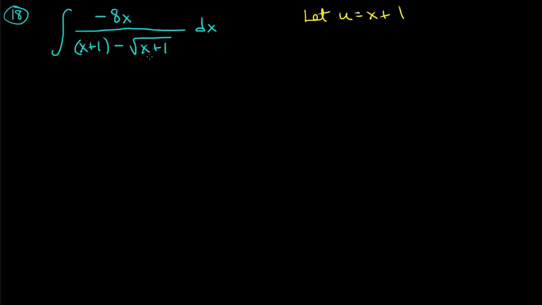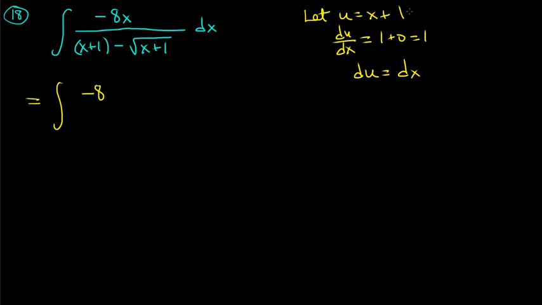Now that alone is not going to get us very far, but it's a good start. So let's try that. What's the derivative of x plus 1? Well, it's just 1 plus 0, which is 1. And so if I multiply by dx, that tells me that du is the same as dx. Okay, so we have negative 8 times x.